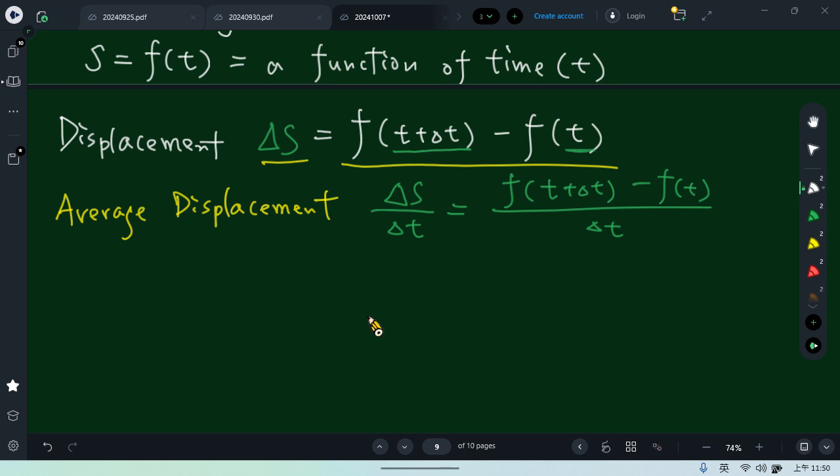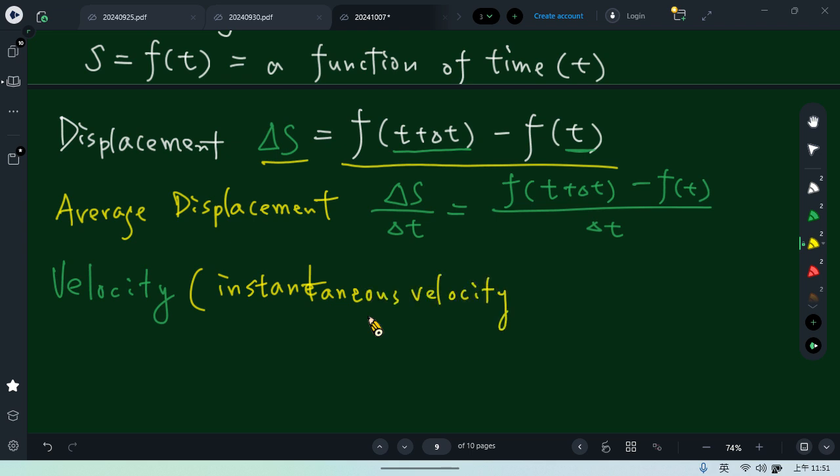Then we can further discuss its velocity. For velocity, we will say it's an instantaneous velocity, v of t. We define it as ds over dt.